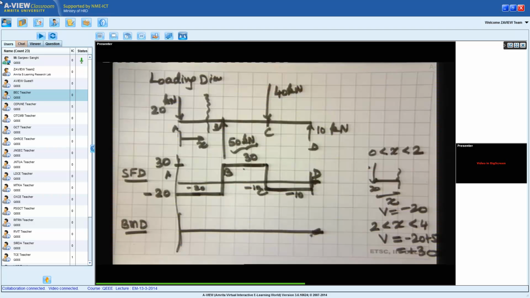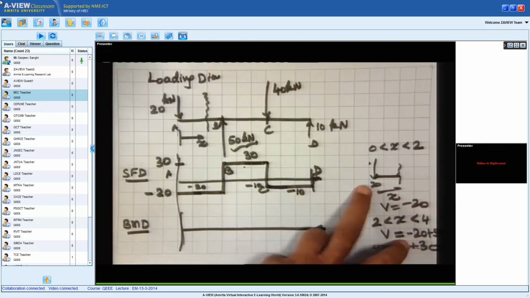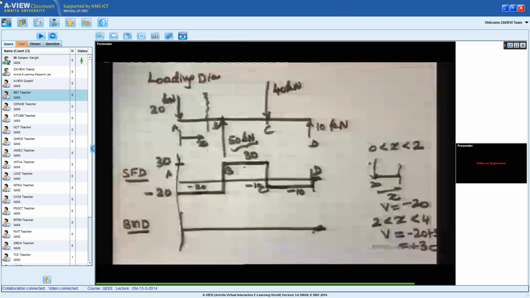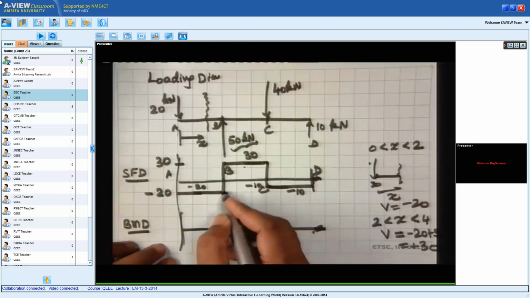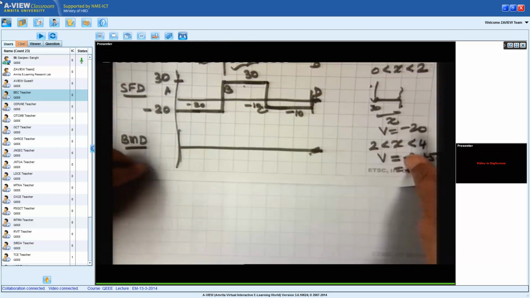Let us look at the bending moment diagram. In the bending moment diagram, when I cut a section X here, this force is 20. Now what is x? It is the distance between the cut section and the point of action of 20 here. So let me give the explanation and I'll draw the diagram later.